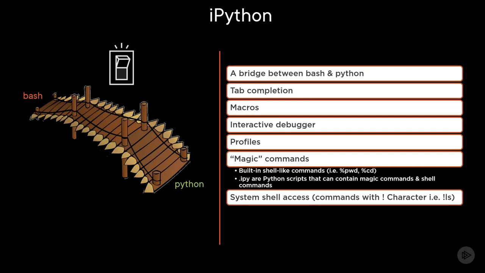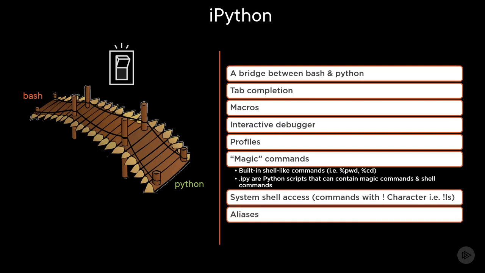You also can run some shell commands because you have system shell access right from IPython using the exclamation mark in front of those commands. So for example, there you can run an ls to list the contents of a directory right from IPython, and you can't do that from the standard out-of-the-box Python interpreter. And then last but not least is aliases.